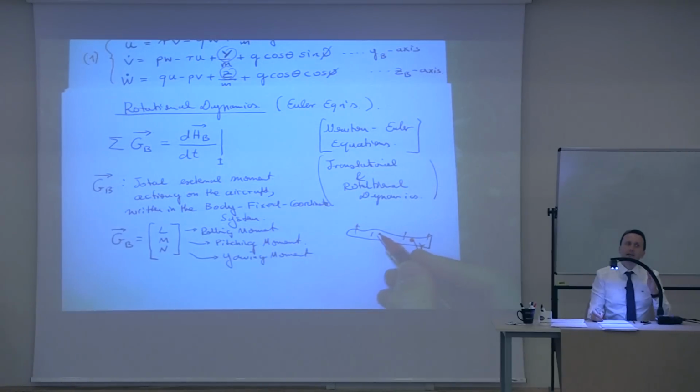It means that if X, Y, and Z are the aeropropulsive forces at the CG, then L, M, N are the moments that are there because of moving all the forces to the CG, and therefore I call them the moments at the CG, which is not really a very proper way of saying this. You see what I'm saying? If I would not move all forces to the CG but to another point, L, M, and N would be different numbers.